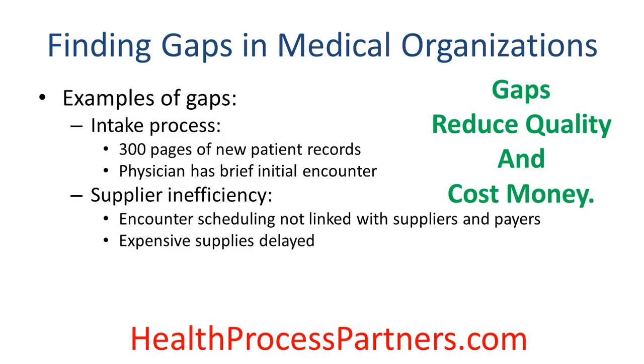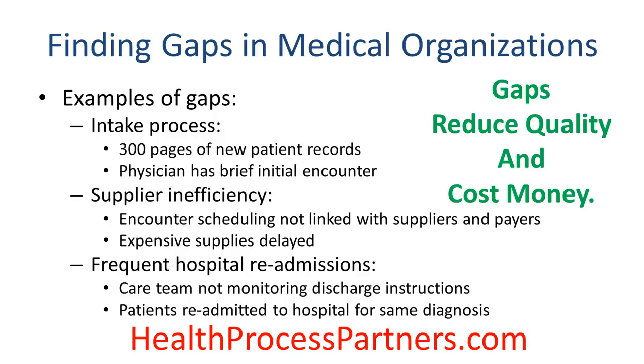Delays in this process can cost not only money in terms of inefficient use of your staff time, they can also be expensive in terms of the quality of care delivered to the patient. Other examples might be surgical supplies and a wide range of other things. And this is an example of a gap.